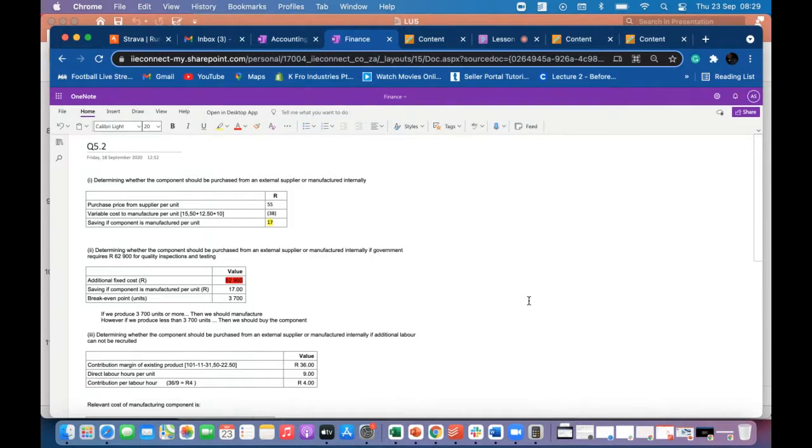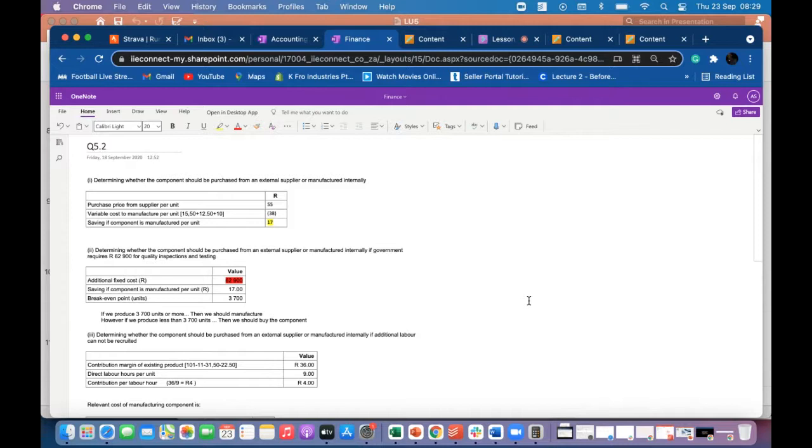Under the required, it says the following. For each of the scenarios below, determine whether the component should be purchased from an external supplier or manufactured internally.